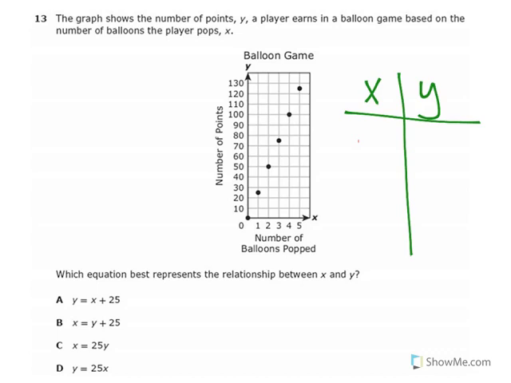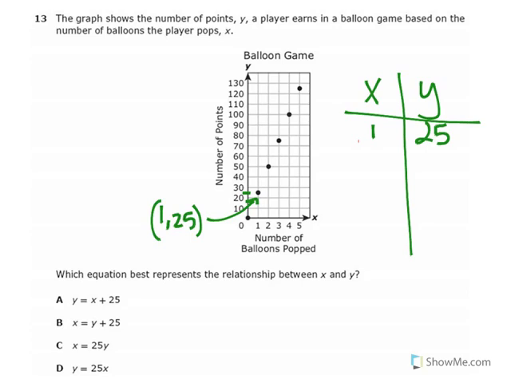When my X is 1, it looks like my Y is right in between 20 and 30. And what would be right in between 20 and 30? 25. So my ordered pair is 1, 25.